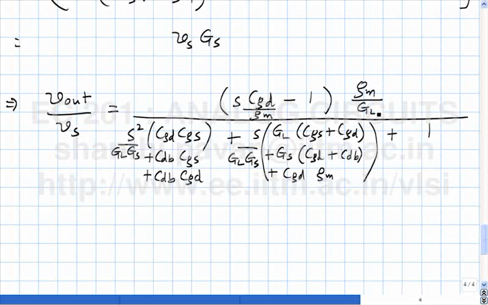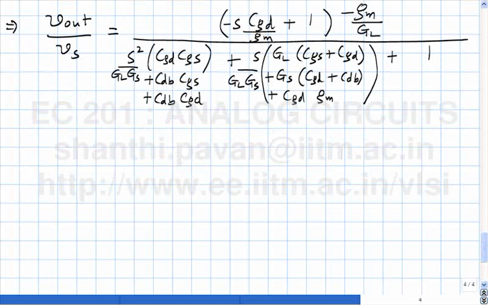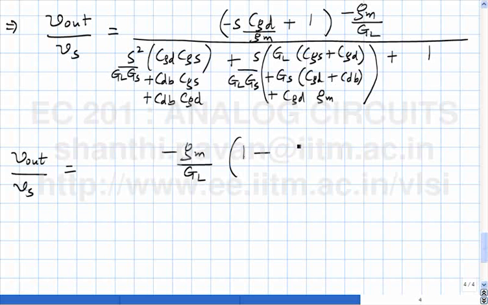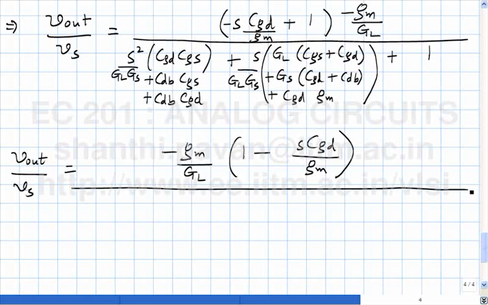I will take the minus outside and do this. So V out by Vs is minus Gm by Gl, which is dimensionless, times 1 minus SCGD divided by Gm, divided by the denominator, which strangely happens to be a second order denominator.